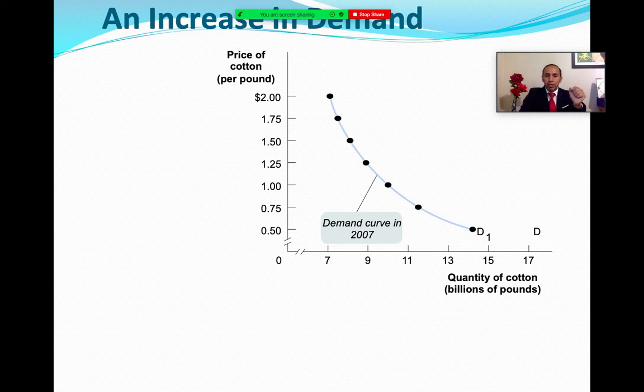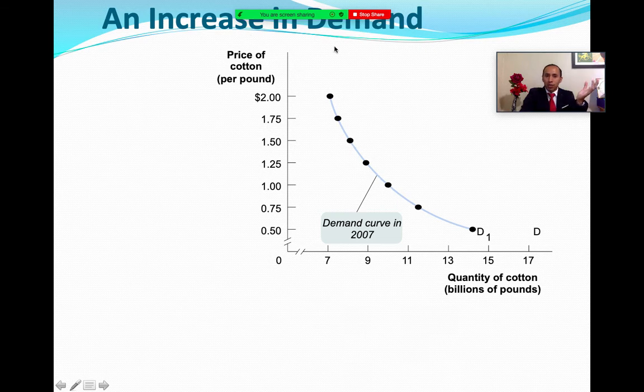Quantity demanded typically is a response to the increase or change in price. If the price increases, quantity demanded decreases. So if we are at $1.25, for example, approximately, we buy a quantity of 9 units. If the price increases to $1.75, quantity demanded drops from 9 to about 7. That's moving along the same demand curve.